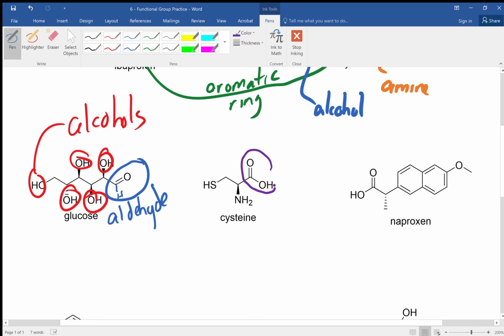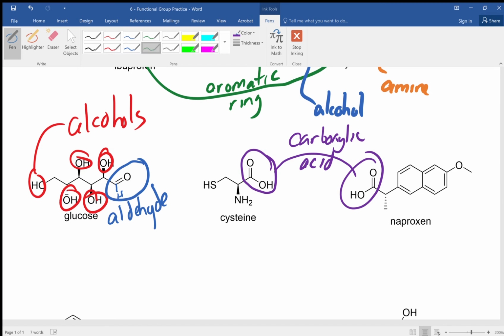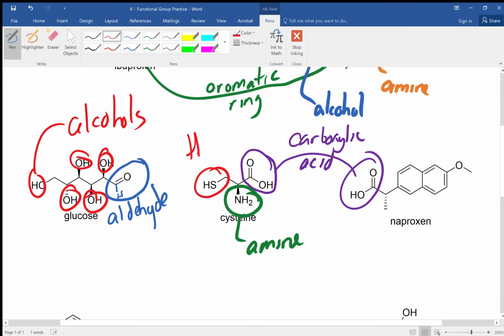Cysteine here, as well as naproxen, both have carboxylic acids. Cysteine also has an amine. And a thiol.